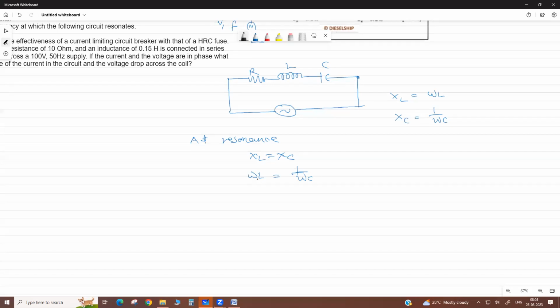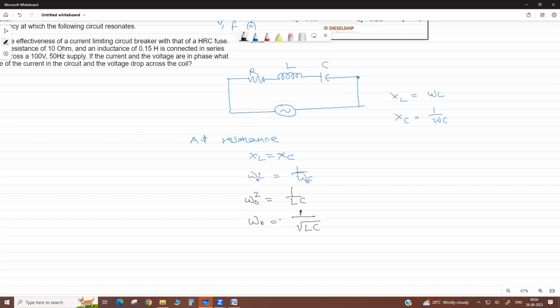When these become equal, we denote it by omega naught, meaning resonant frequency. Now we take omega to this side, then it becomes omega square equals 1 by LC, or omega naught equals 1 by under root LC.